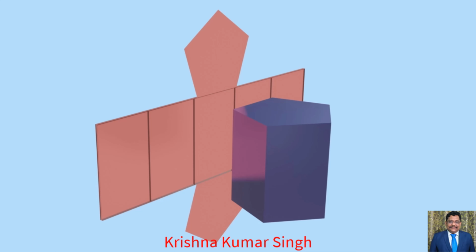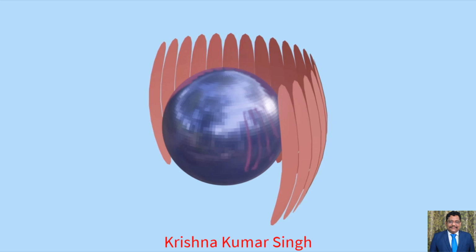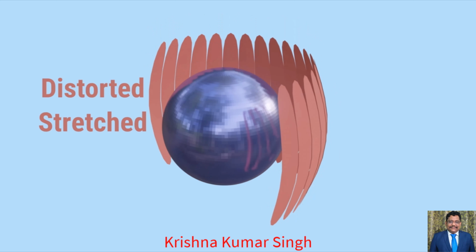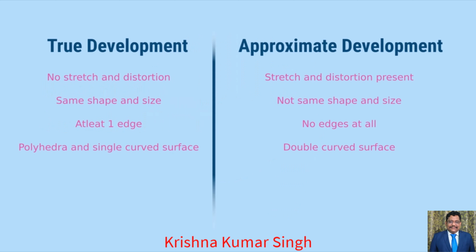As we can see, it satisfies the definition of true development. The approximate development of a sphere is shown in this image. This development is obtained by cutting the sphere by a series of cutting planes, as its development is not possible, and the developed surface should be stretched or distorted to get its final shape, that is, a sphere. So these are the major differences between true development and approximate development.